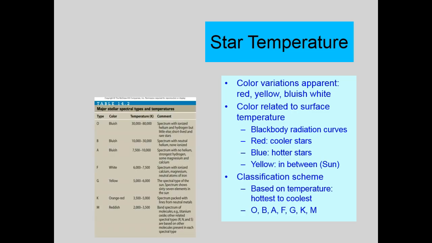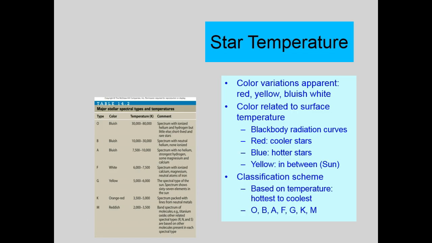Now, this sort of contradicts what you said. I think the bluish are considered hotter. The white would be more in the middle. The O stars are 30,000 to 80,000 K. Now this is surface temperatures. These are blue stars.